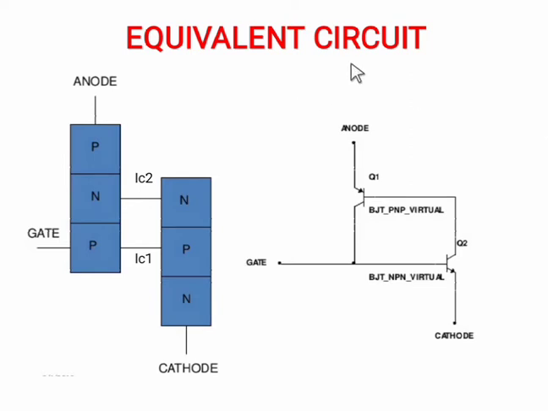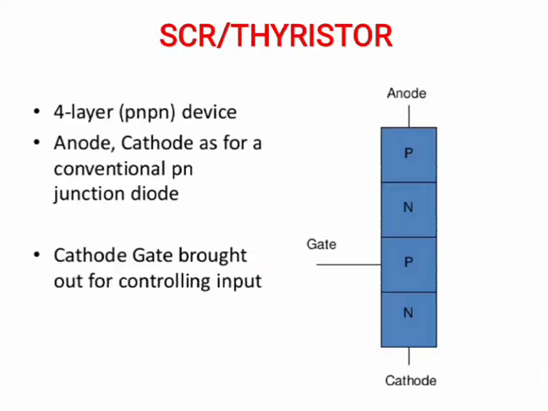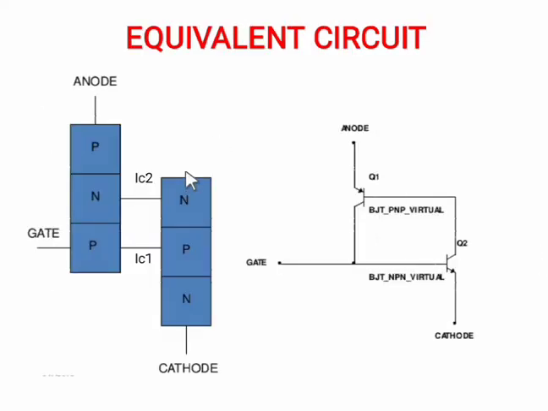This is the equivalent circuit of the thyristor. If we bisect these two layers, we get this kind of circuit. So this is PNP and this is NPN. This is one transistor and this is the second transistor. This is the Q1 transistor, which is PNP, and this is the second transistor, NPN.